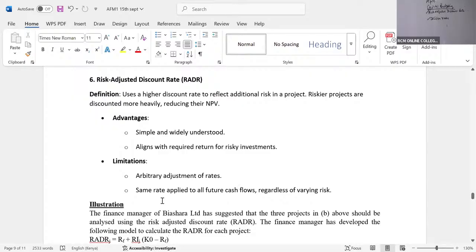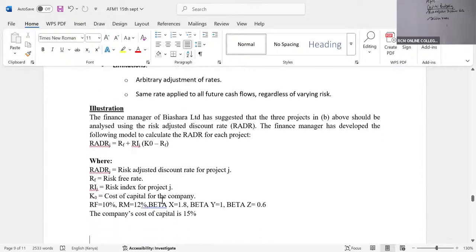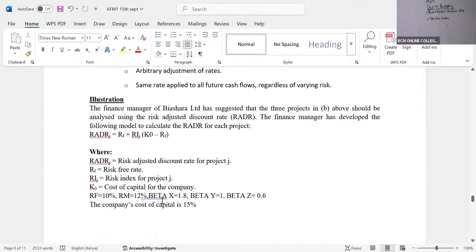With your permission, I'll go to a question directly. I'm looking at this illustration, which of course I'll share as a handout with you in a few minutes. You're told the finance manager of Biashara Limited has suggested that the 3 projects in B below should be analyzed using the risk-adjusted discount rate.